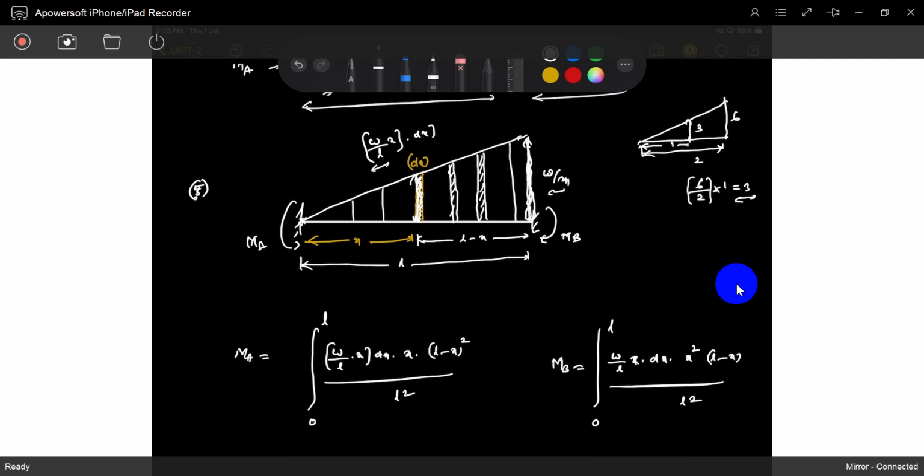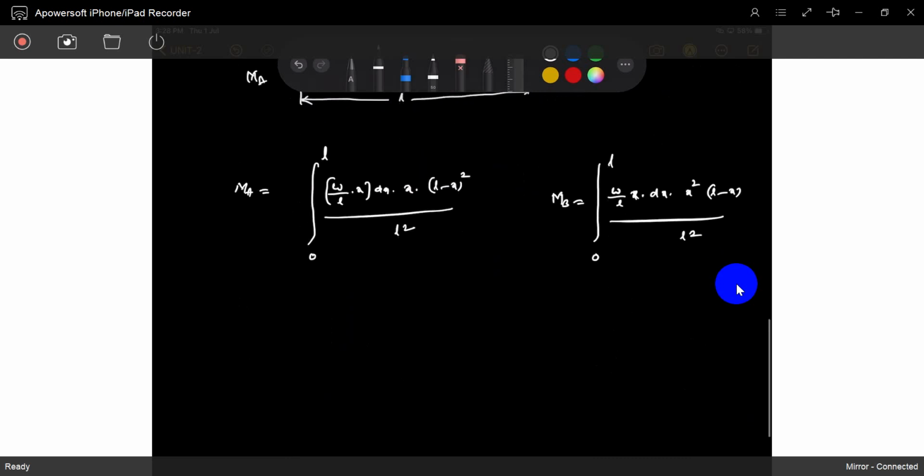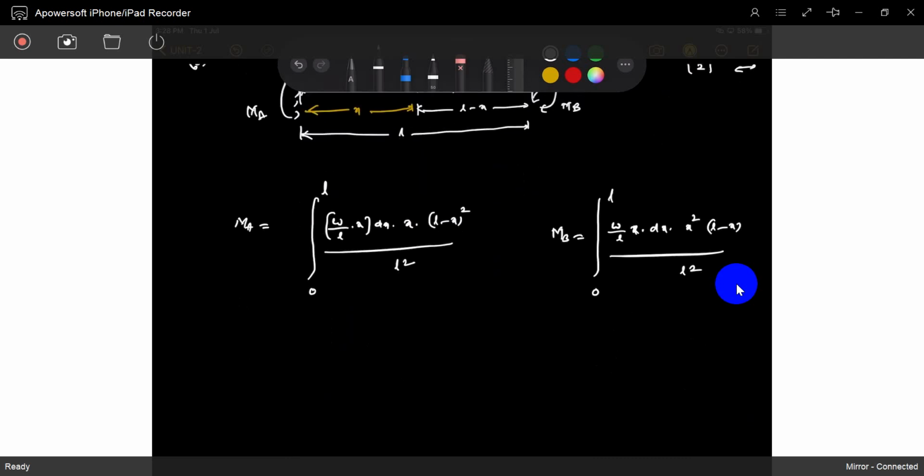So integrate it. Can you integrate? I think you can. Otherwise I will show one. So what will come?